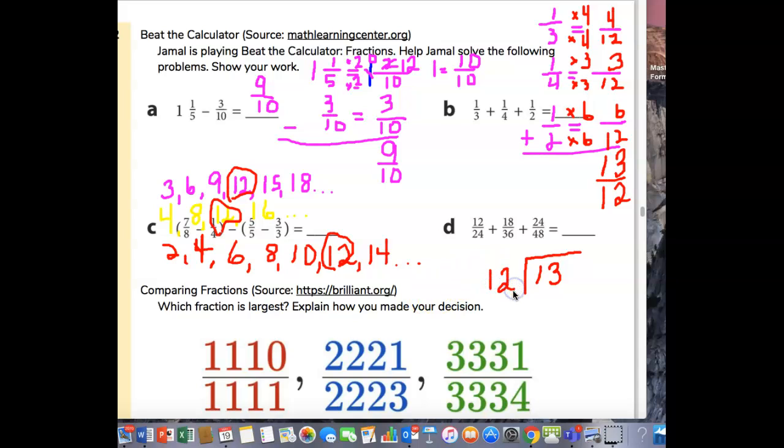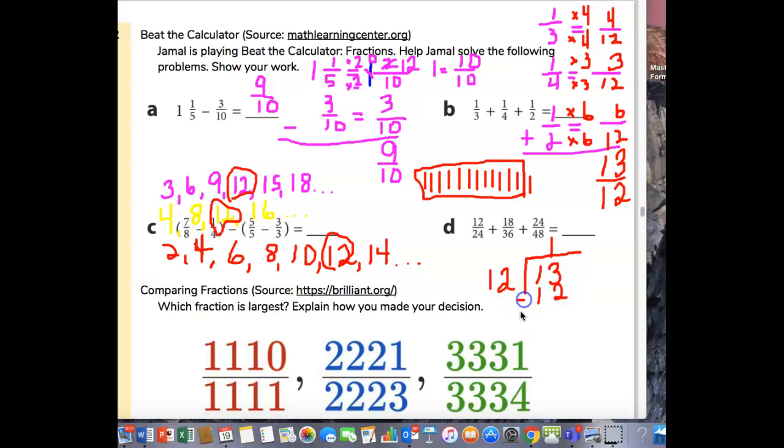So what this means is you have 13 and they want to know how many groups of 12 are in 13. So you see this? 1 group of 12 is in 13. 1 times 12 is 12.